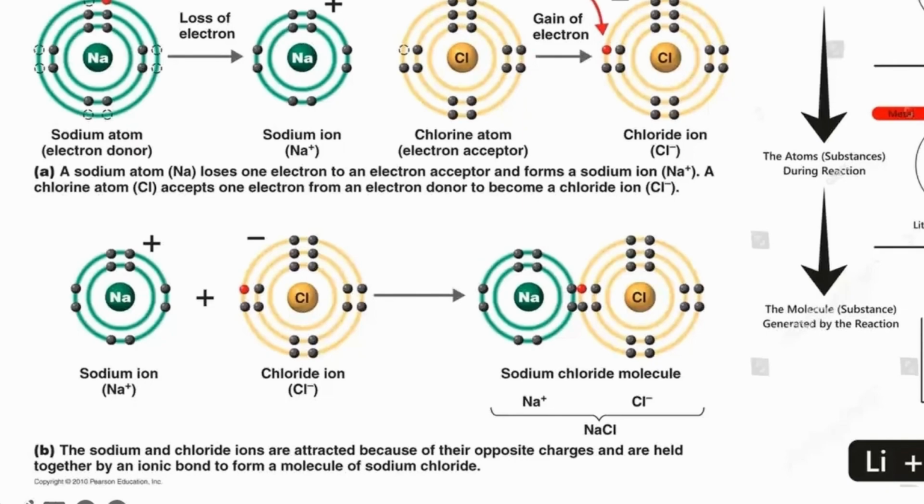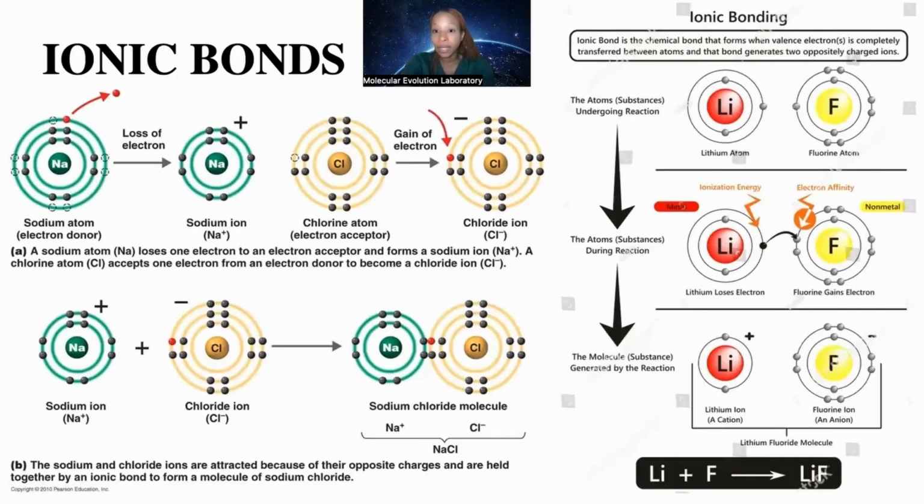This is also defining ionic bonds: a chemical bond that forms when valence electron or electrons are completely transferred between atoms, and the bond generates two oppositely charged ions. So in this case, you have lithium that loses an electron, and fluorine gains an electron.